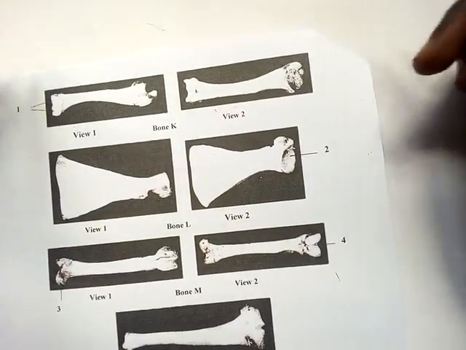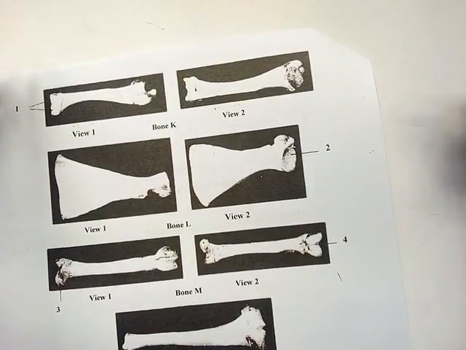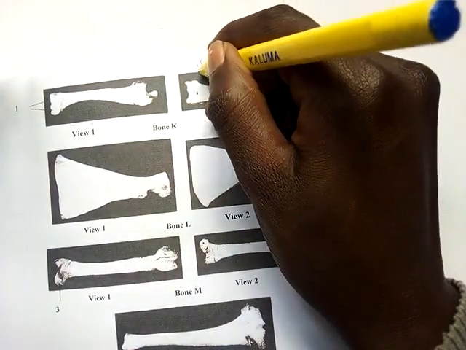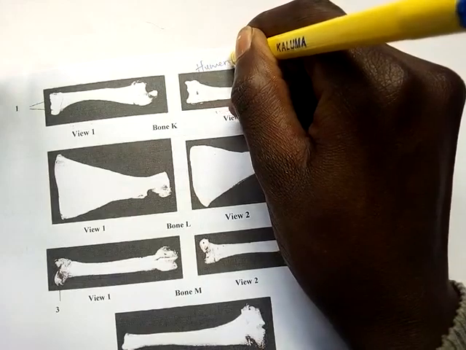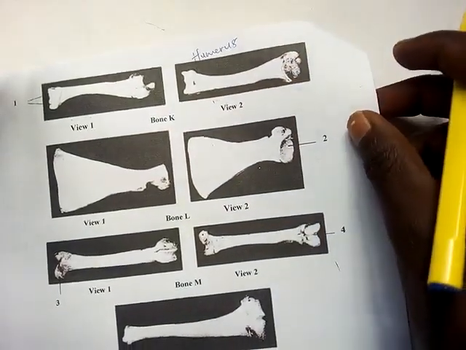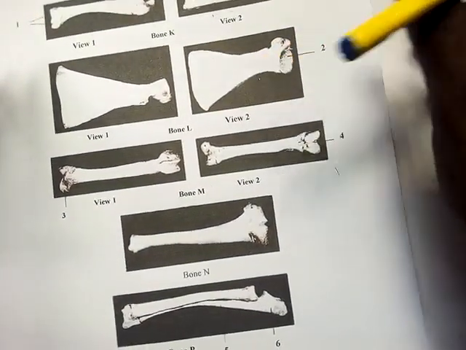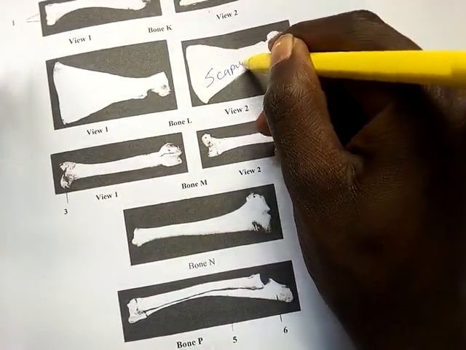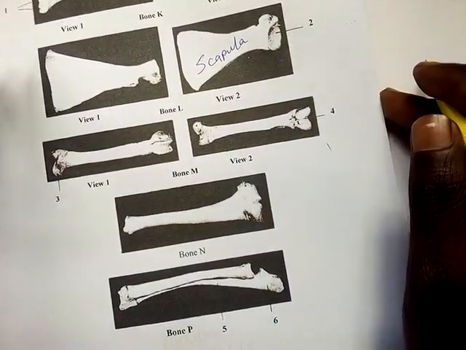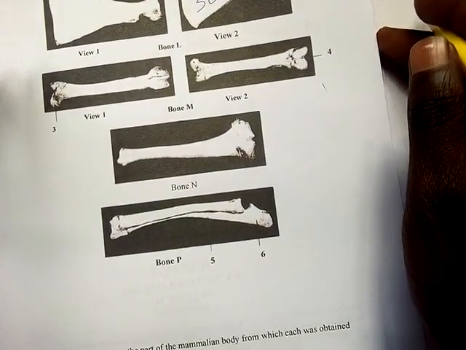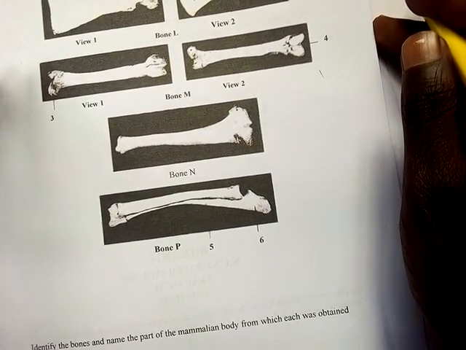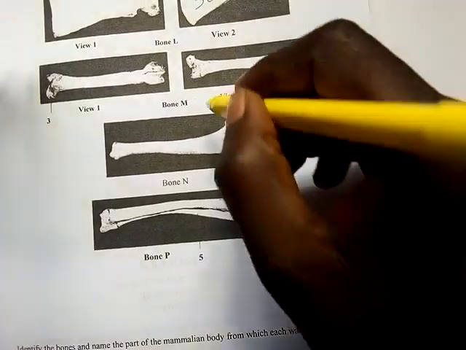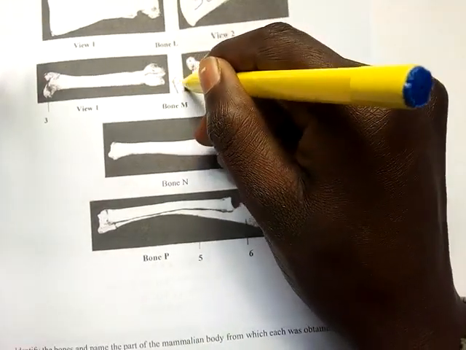Now, in bone K, as you can see, this is the humerus. Bone L, this is the scapula, and bone M, this is the femur.